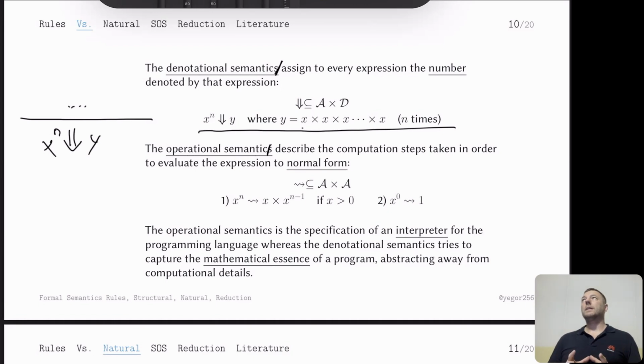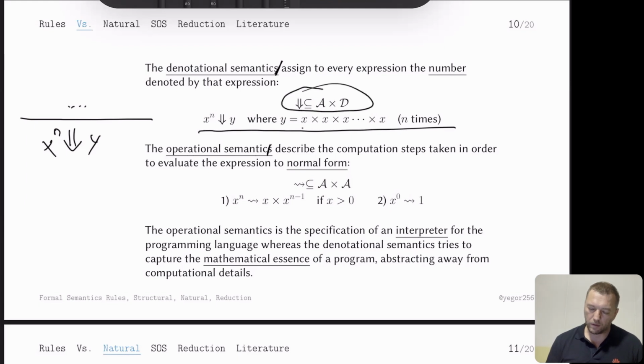Denotational semantic is the way to explain the meaning of a program by transferring from the program syntax to the data domain. This is what this expression means.